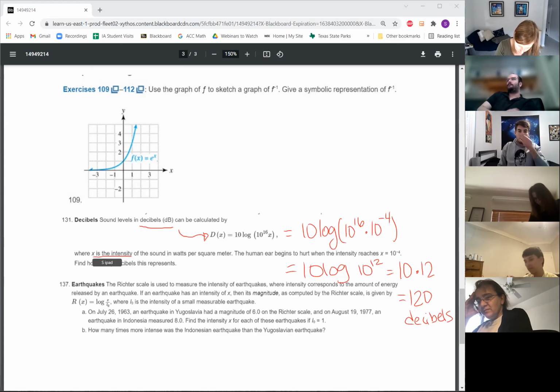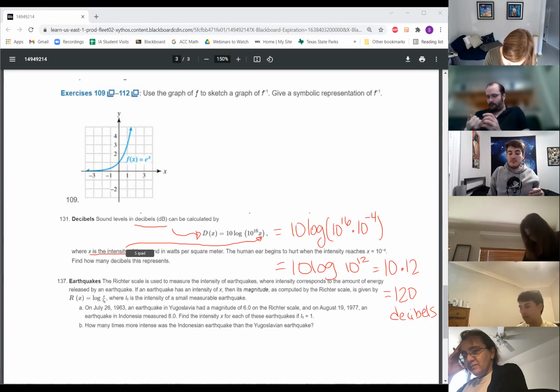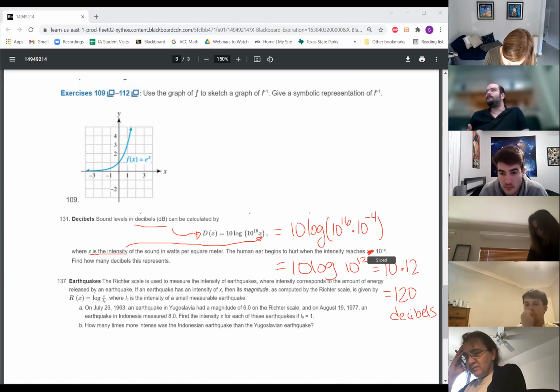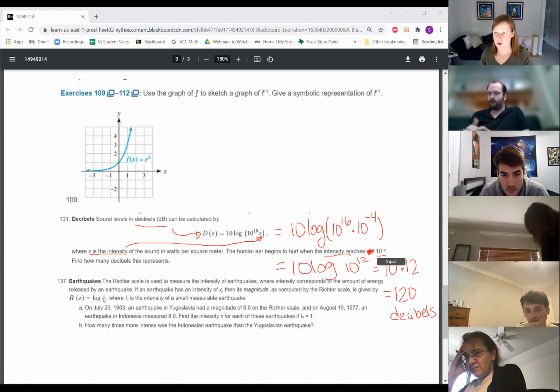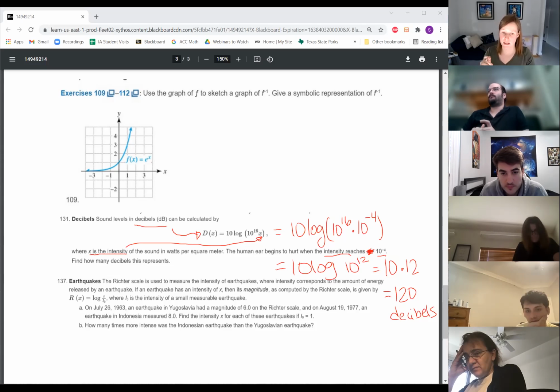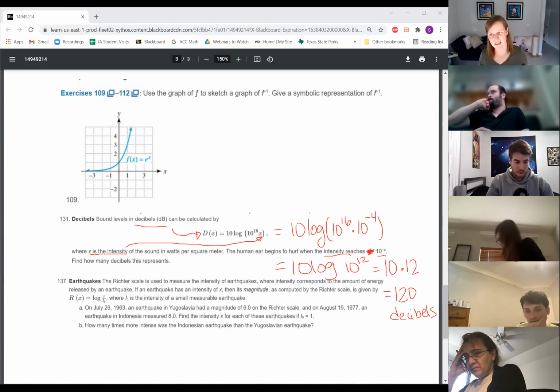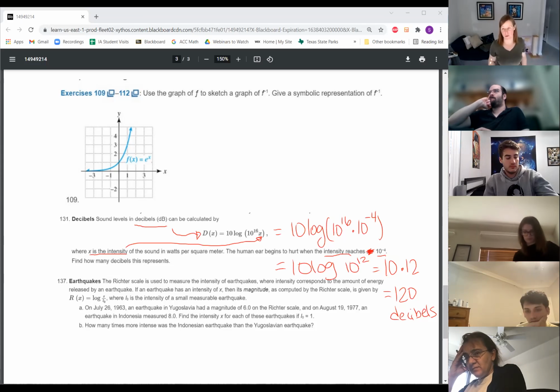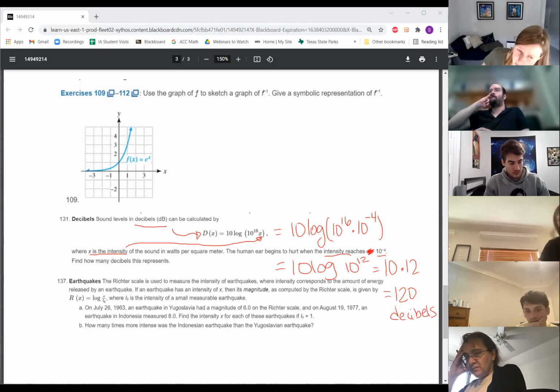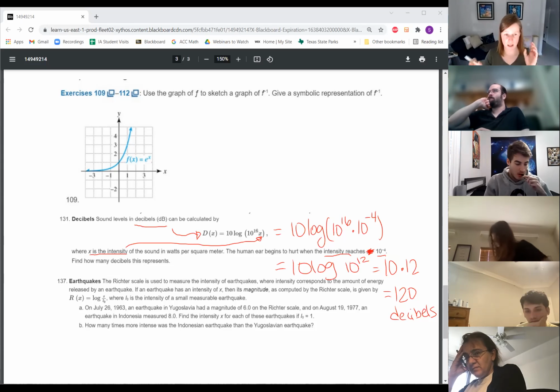If they just said when the intensity reaches 10 to the negative fourth, you should know, going back and looking at it, that x was intensity. So you need to put the 10 to the negative fourth in the intensity. Please read those carefully, because in at least the last 2 or 3 tests, people are still losing points on those. Pay attention to which variable is what in the problem.